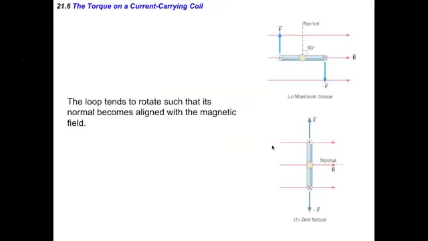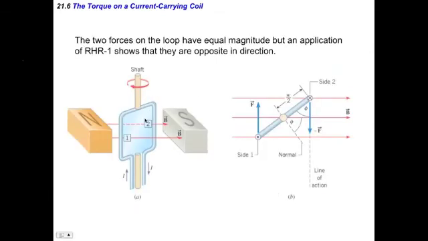The nice thing about torques and current carrying coils is that the loop will rotate until the normal, or in other words, the face of that loop, becomes aligned with the magnetic field. That face can be shown as this area here.